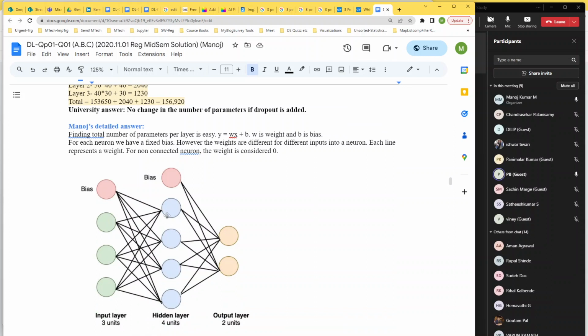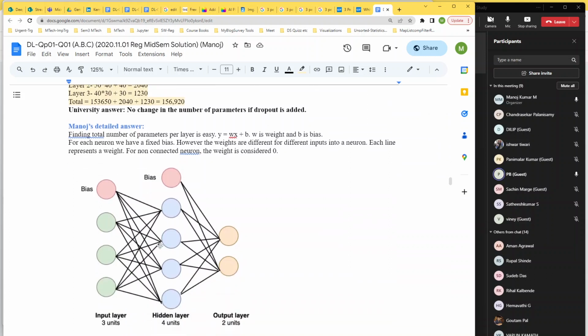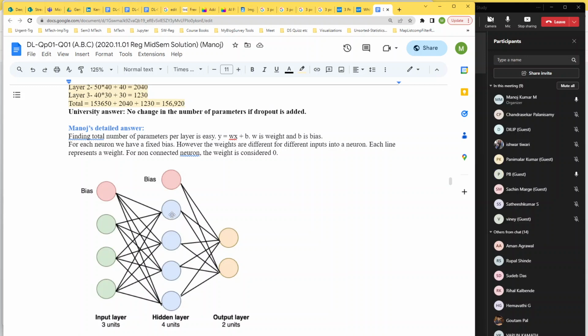From each input we have one weight associated, no? Okay, so each one has one weight, and each neuron will carry one bias, right? We have 3072 inputs, and then we have 50 neurons in the first layer.